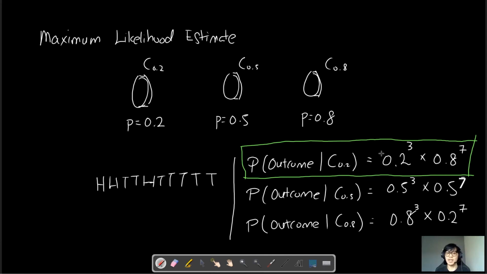And now you can see why the name is called maximum likelihood estimate, right? So the estimate here, the estimate of what coin it comes from, a good guess according to this MLE derivation, is that it comes from this first coin right here, okay? So this is essentially the maximum likelihood estimate.